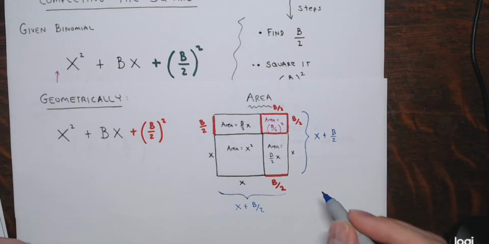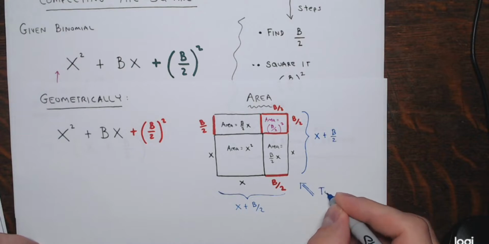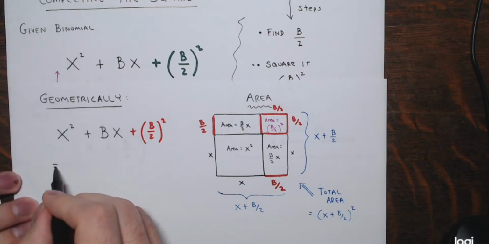So the total area of this entire picture is x plus half of b times x plus half of b again. So x plus half of b squared, and that's what I ended up with here.